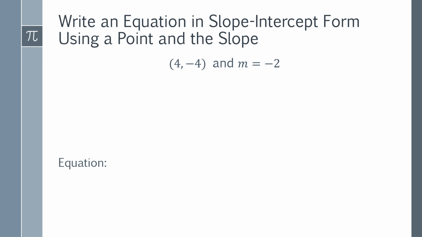What is the equation of the line that goes through the point (4, -4) and has a slope of m equals -2? Well, we're going to substitute -2 in for m in our equation. So we have y equals -2x plus b. We need to figure out what b is. So we have a point, so we know that when x is 4, y is -4.